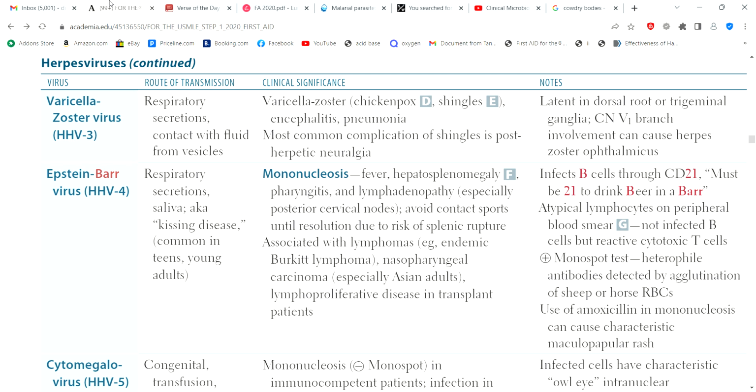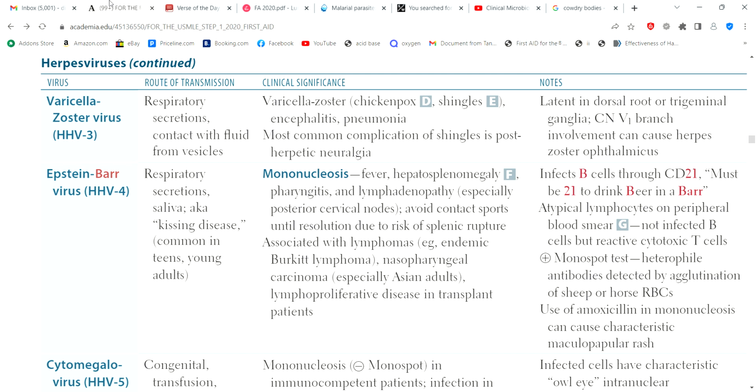Varicella zoster virus is latent in dorsal root or trigeminal ganglia, cranial nerve V1.